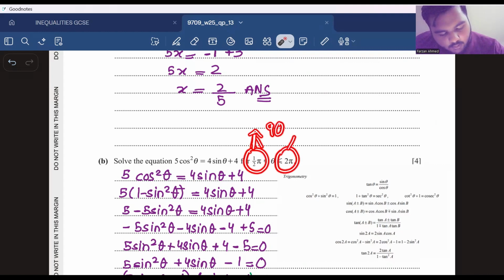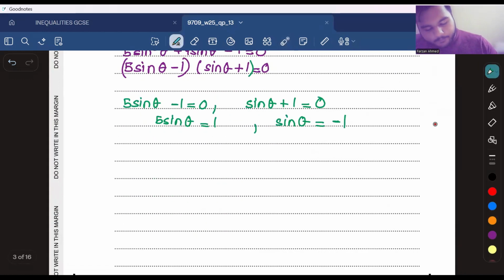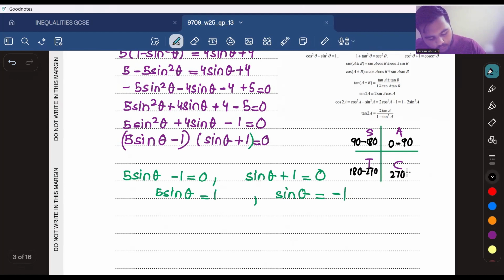2 pi means 360 degrees. So we have to do it with the graph. The range is given from 0 to 2 pi. For basic knowledge, I have told the students that you have to know about this ASTC. In this quadrant it is from 0 to 90, in this 90 to 180, in this 180 to 270, and this 270 to 360.